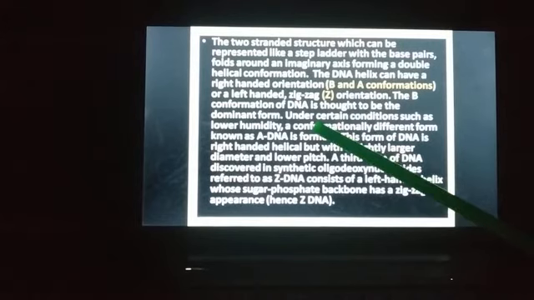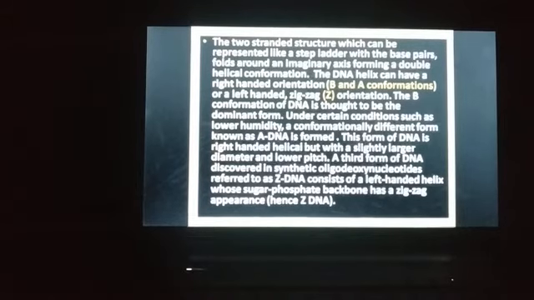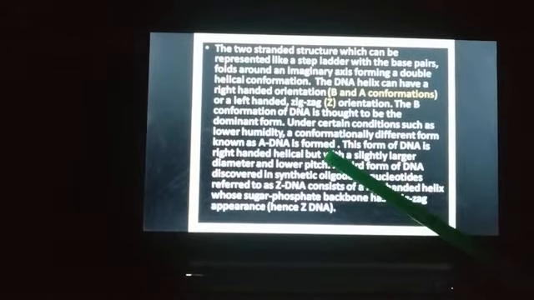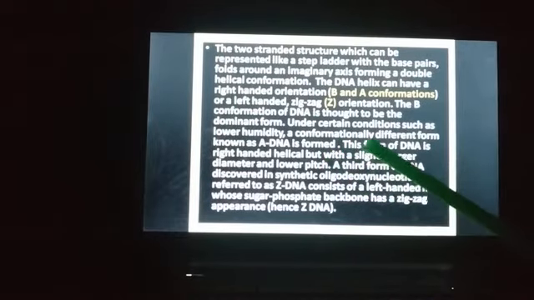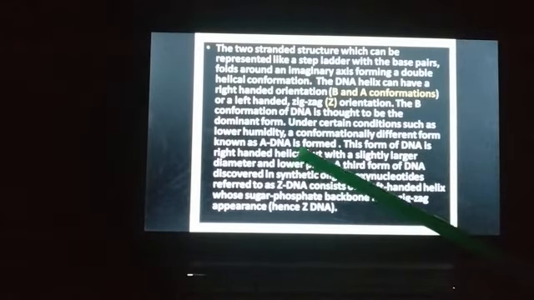But under certain conditions such as lower humidity, a configurationally different form known as A DNA is formed. Under certain conditions, A could be formed. This form of DNA is right-handed, helical. B and A will be right-handed only.